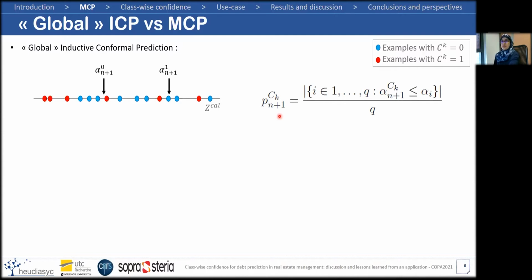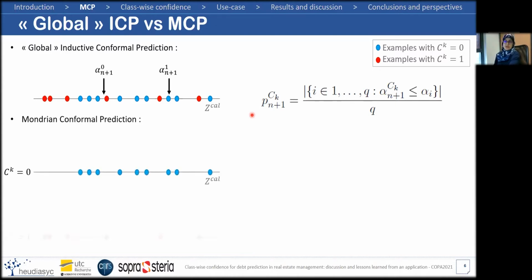In the case of class conditional Mondrian conformal prediction, we actually divide the examples in the calibration set depending on the class. Here we have class 0 and here we have class 1. Then when we calculate our non-conformity score for n+1, we just compare it with the examples of the same class.